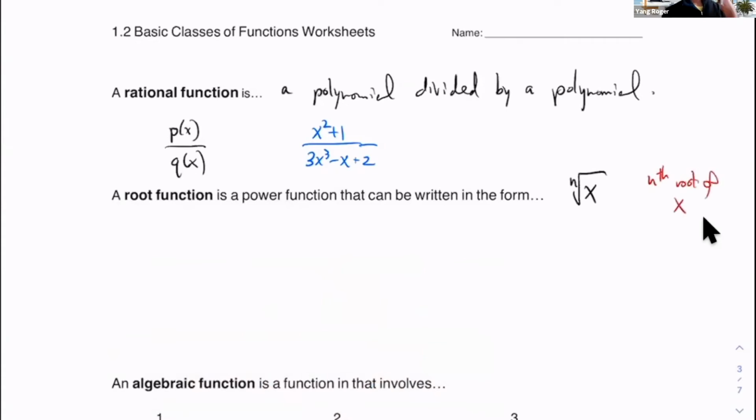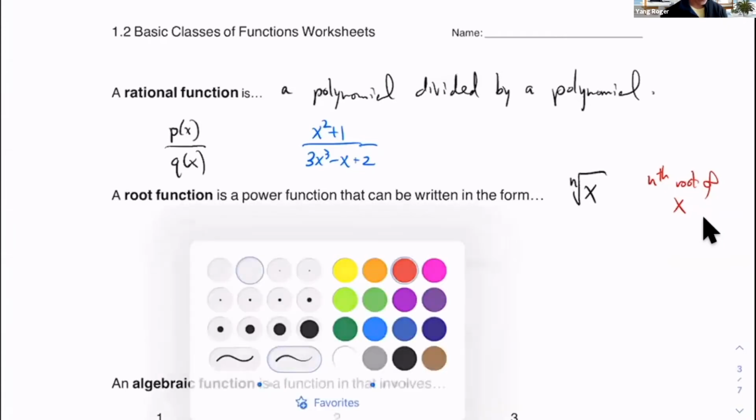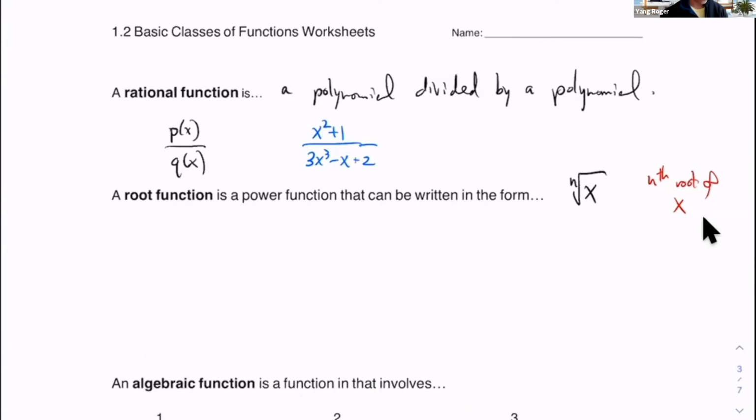I teach 3 classes, so I can never remember exactly what I tell each class, but I think I told you guys that we prefer to write these in exponential form. So radical form looks like this.